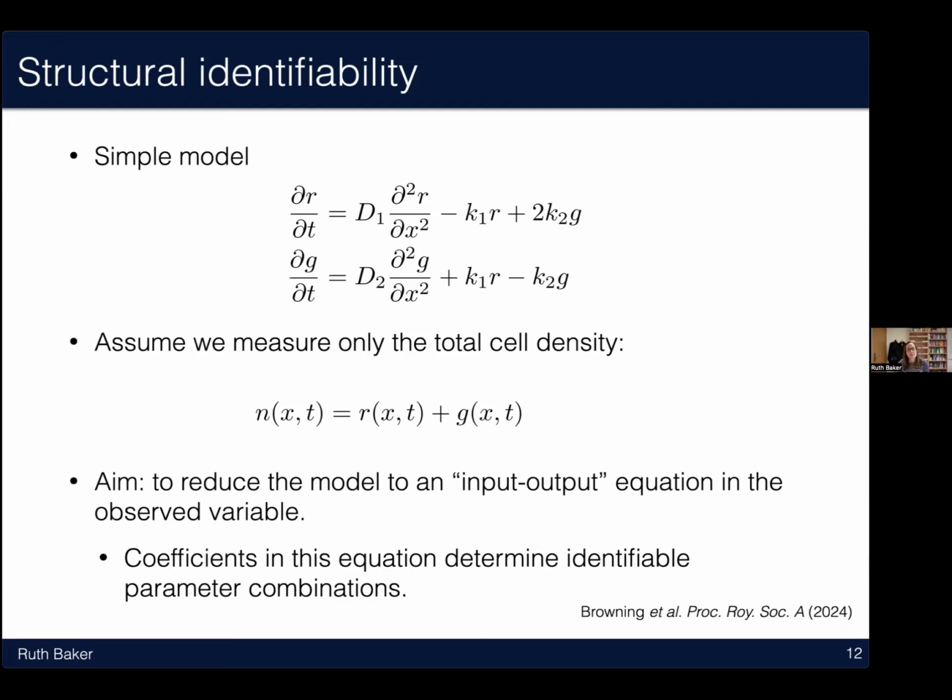As a motivating example, we wanted to ask the question: if all we can measure from our system is the total cell density, could we hope to pin down the 4 parameters of my model? The aim was to reduce the model to an input-output equation, like in the ODE context, but in terms of our observed variable n. And we know from the ODE results that coefficients in this equation determine your identifiable parameter combinations.